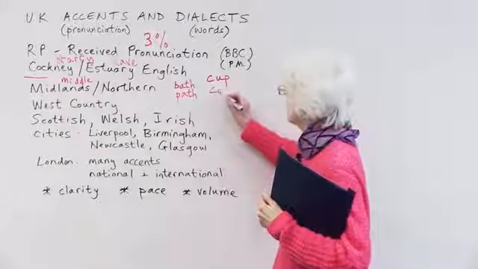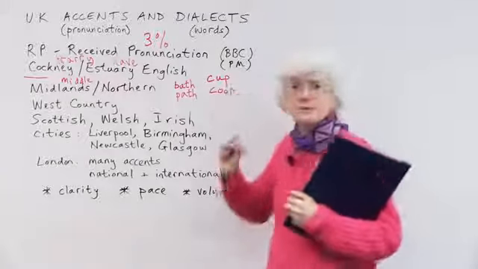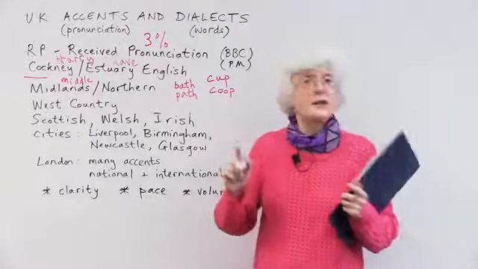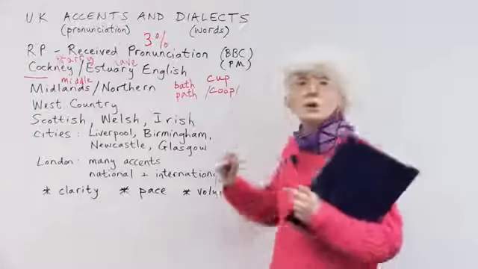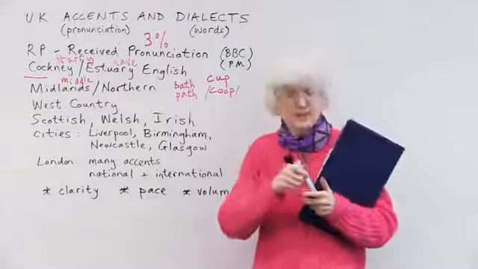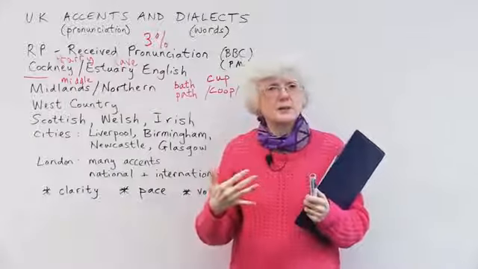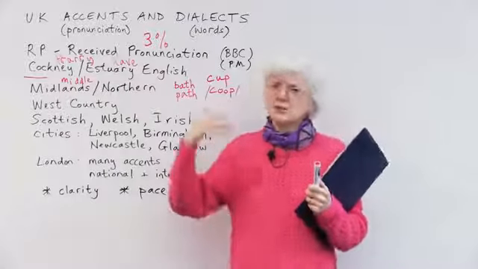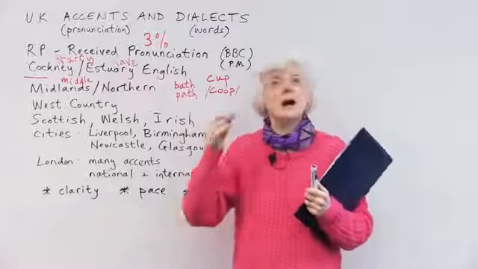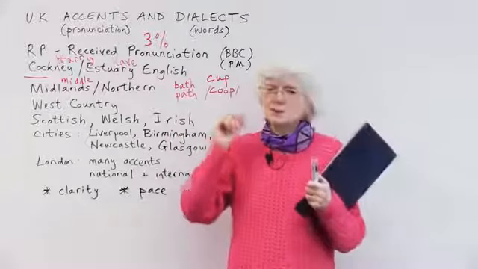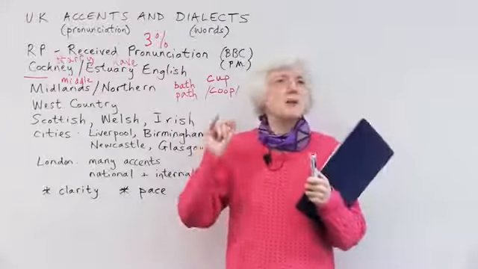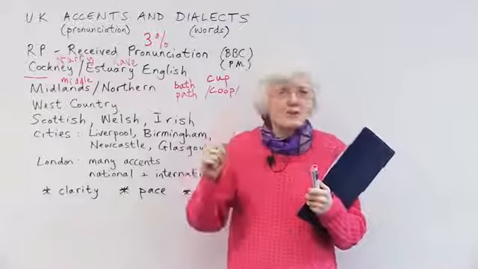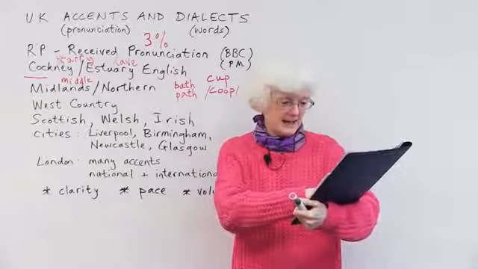Okay, so I'll spell it like that. That's just a kind of phonetic spelling. Coop of tea. So it feels very strange for me now to say coop because I have trained myself to say cup, which feels more refined, but a nice cup of tea, not a coop of tea, okay?